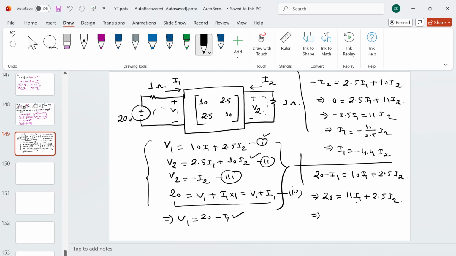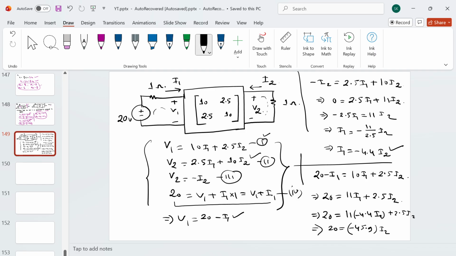Now put the I1 value here from this particular equation. So 11 times minus 4.4 I2 plus 2.5 I2. If you calculate, you will get 20 equals minus 48.4 I2 plus 2.5 I2, which is minus 45.9 I2.